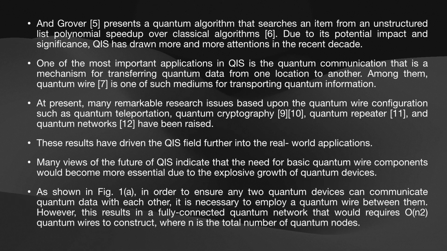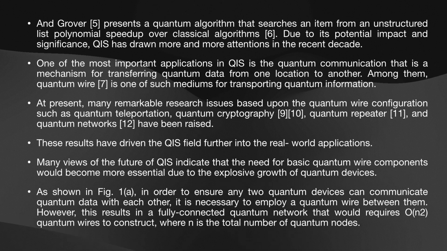Many views of the future of QIS indicate that the need for basic quantum wire components would become more essential due to the explosive growth of quantum devices. As shown, in order to ensure any two quantum devices can communicate quantum data with one another, it is necessary to employ a quantum wire between them.